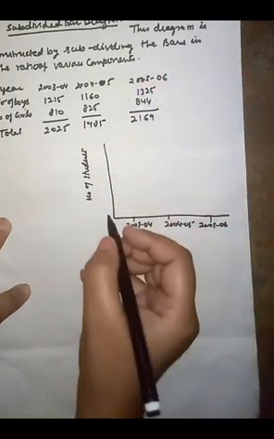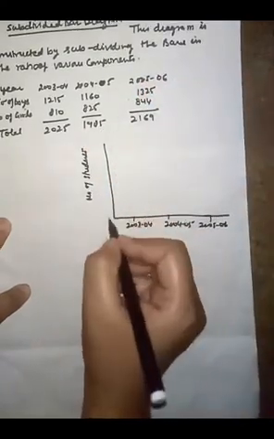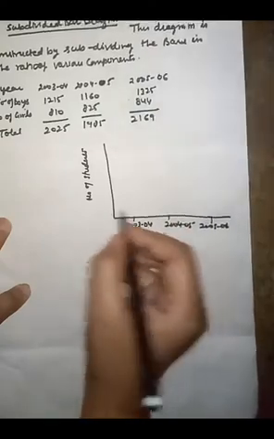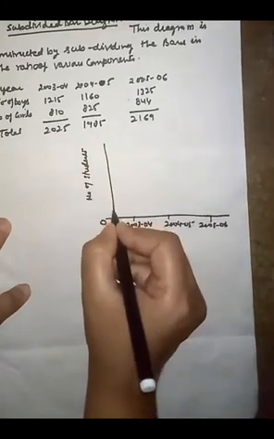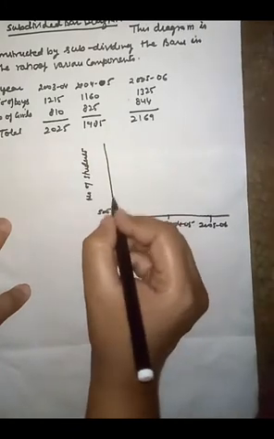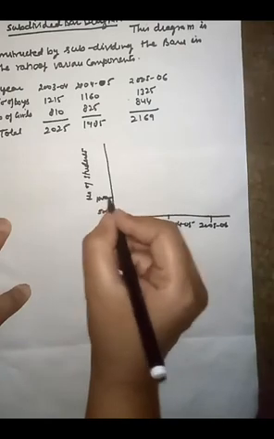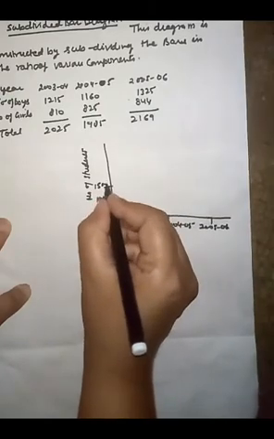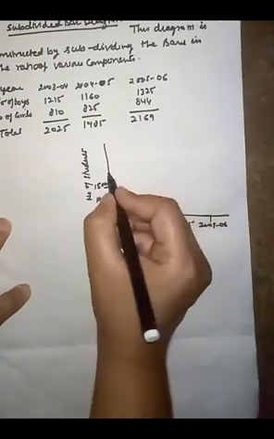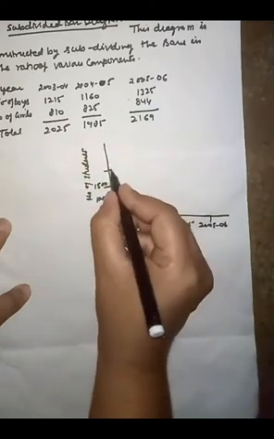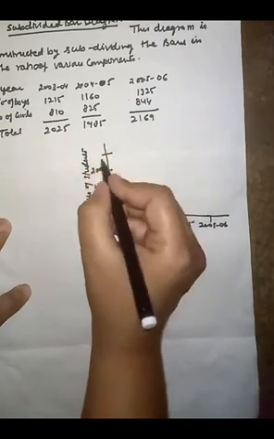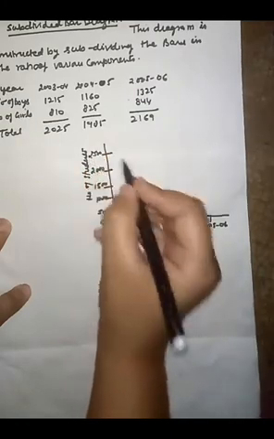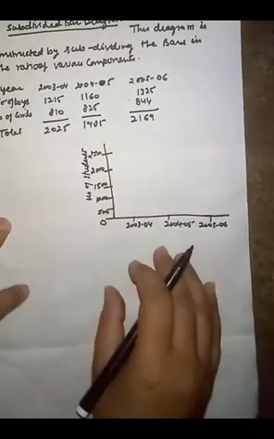Now take a scale. Here 0, taking the difference of 500, this is 1500, this is around 2000, this is 2500, right?